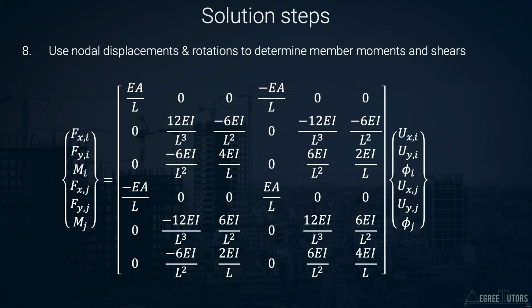I might need to transform them back into local coordinates, but I know what they are. So if I want to, for example, find the moment at end I of the member, I'd simply process the relevant equation from this set of matrix equations. And so you can see it here. Actually calculating the moment is a relatively straightforward process once I know what the displacements and rotations are at each end of my member. And again, we're going to see that in this example in this section.